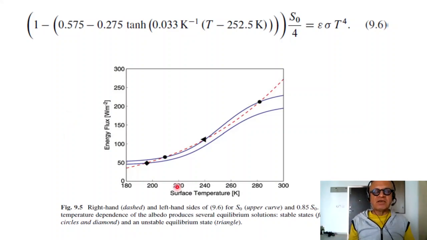So if we look at the energy flux from the Sun, take two scenarios for the way solar flux has evolved, and a 0.85, so 15% less solar flux at the top of the atmosphere, then you can see that the temperature dependence of the albedo produces several equilibrium solutions.